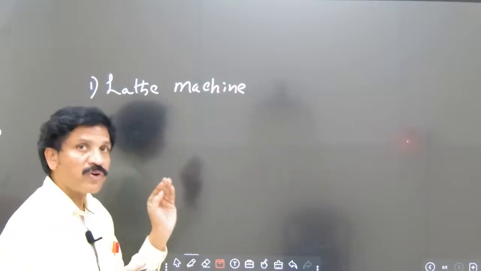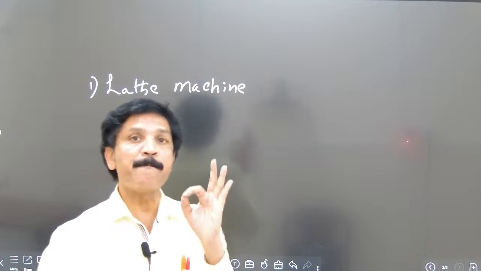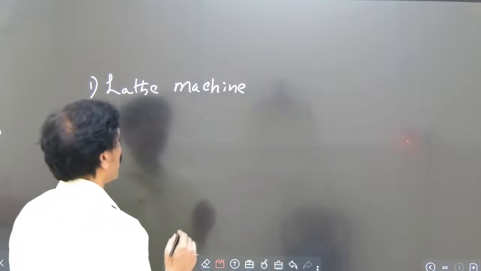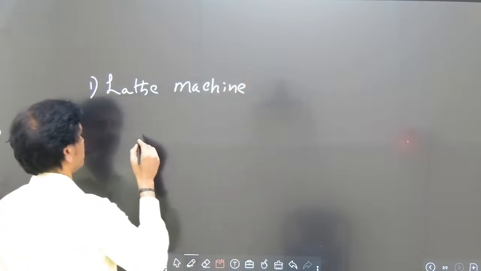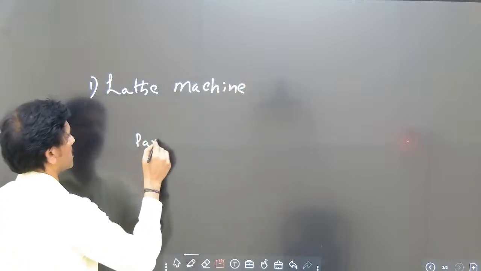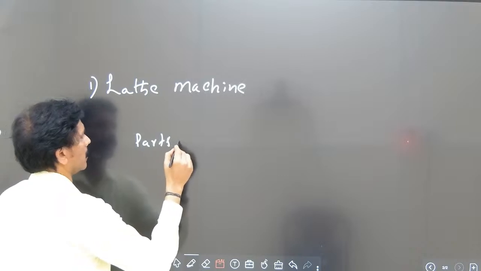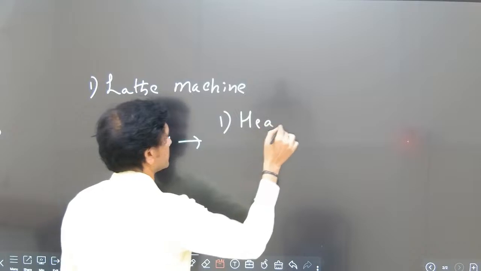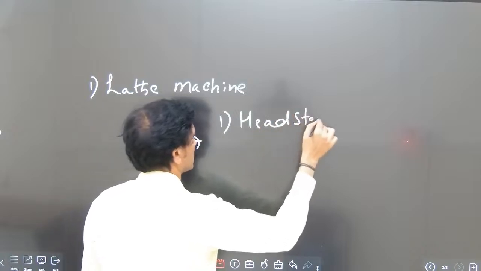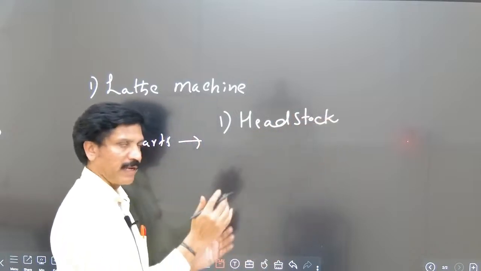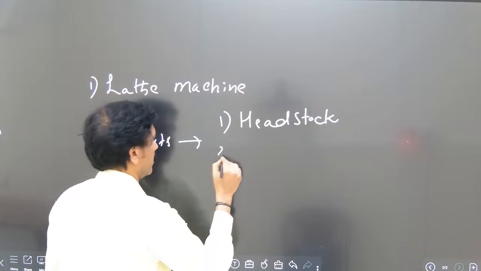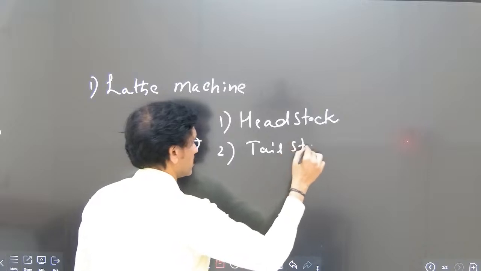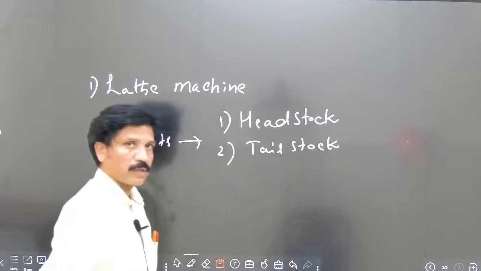First of all, we will discuss the important parts of the lathe machine. Number one, parts of the lathe machine. Number 1 is the headstock. I will explain it individually later. Number 2 is the tailstock.